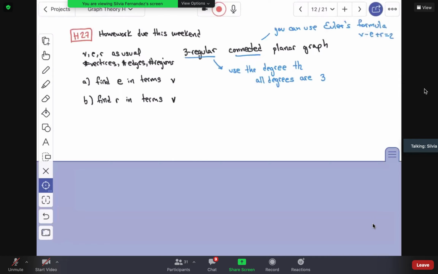I just wanted to give you pointers. So use the degree theorem for the first part, and then use Euler's formula combined with the first part to get the second part.